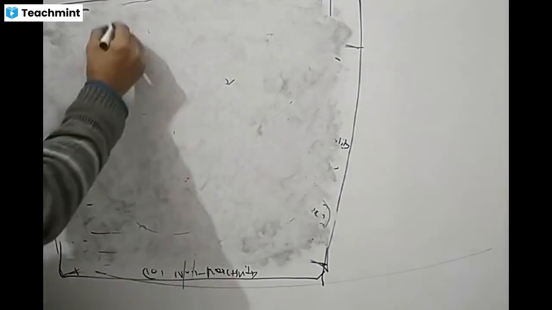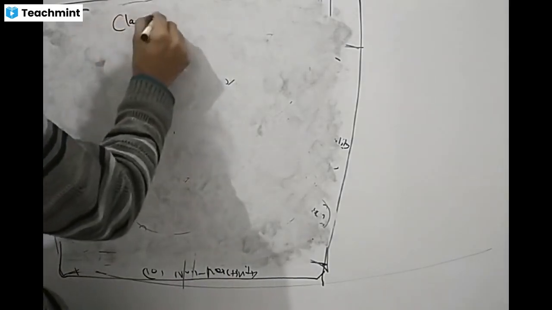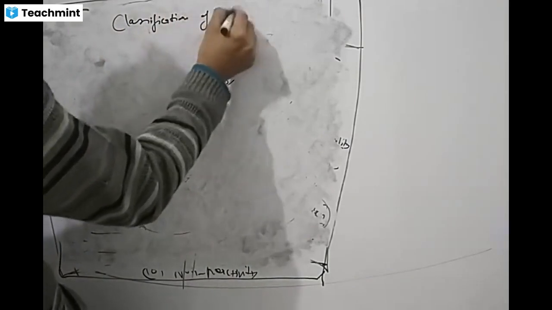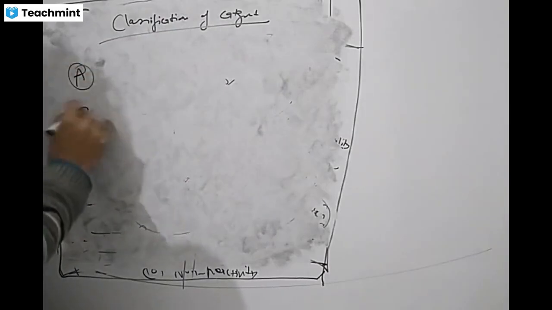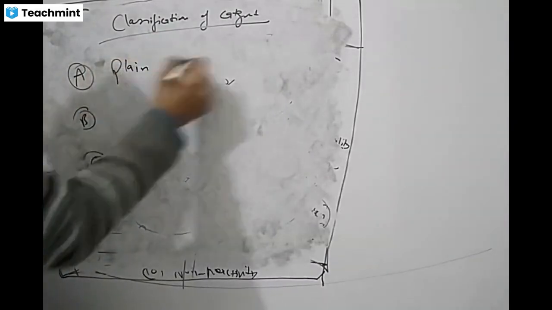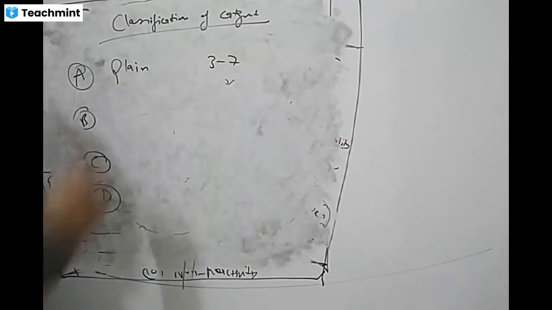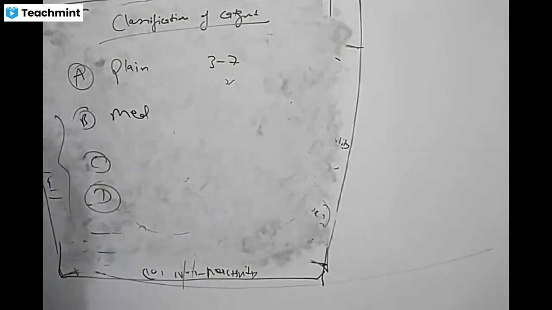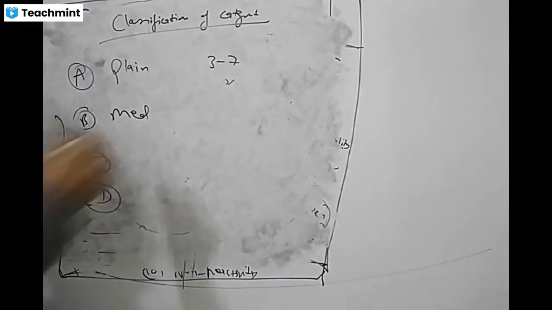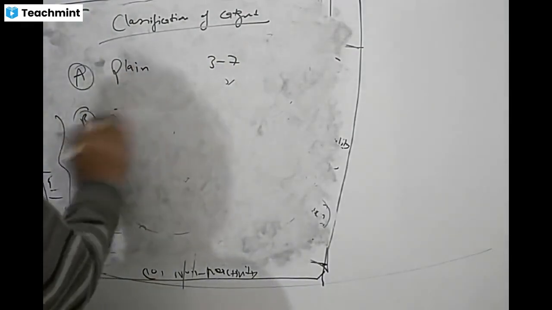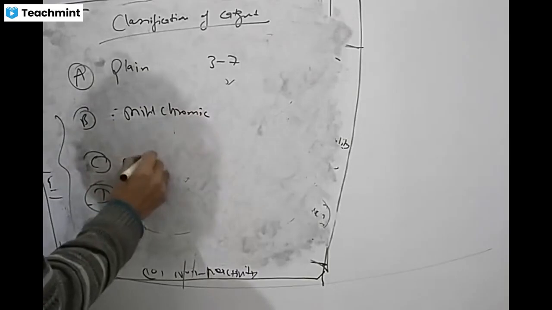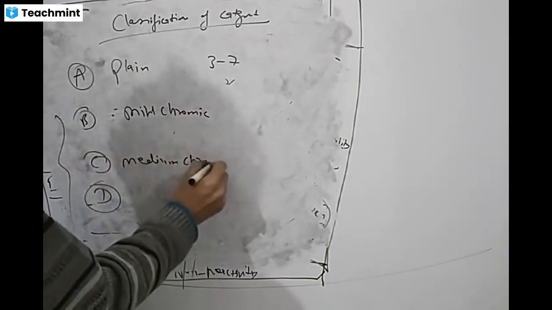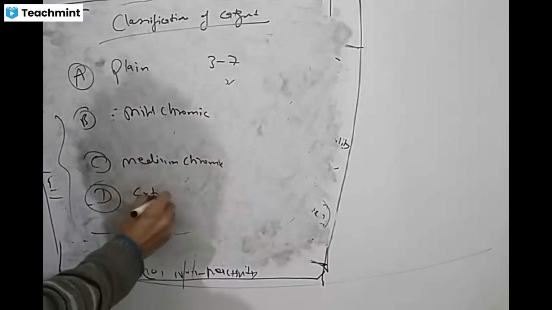Next is classification of catgut. Catgut may be available in different types: A, B, C, and D. A catgut is plain. It may be absorbed within 3 to 7 days. And the other three are products of chromium salt processing. So we call them mild chromic, medium chromic, and extra chromic.